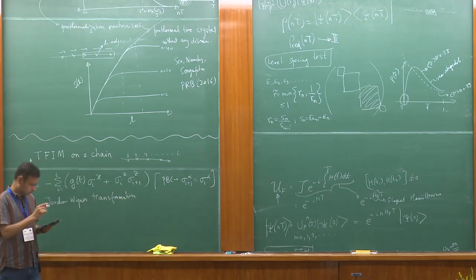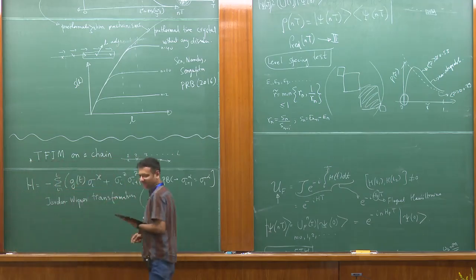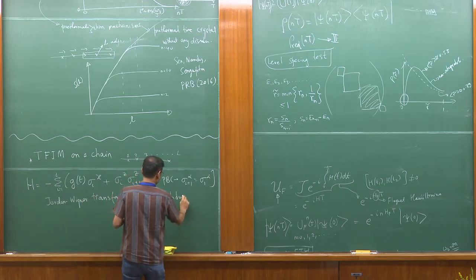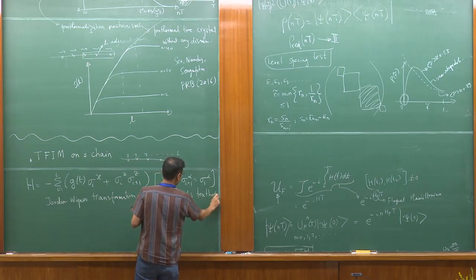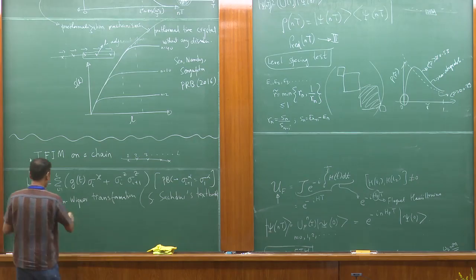For concreteness, I am following the notation for the Jordan-Wigner transformation as given in Subir Sachdev's textbook. There's actually a nice SciPost Physics lecture notes on the quantum Ising chain, and it's titled very provocatively as the quantum Ising chain for beginners. It has some nice stuff about the Jordan-Wigner transformation and some of its subtleties, which you can look at if you're interested.